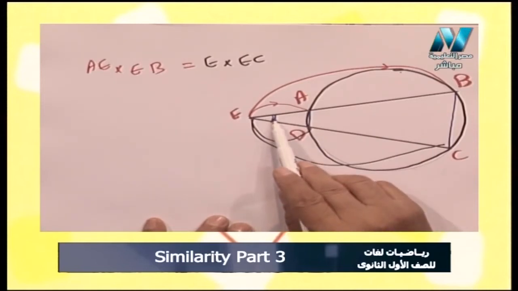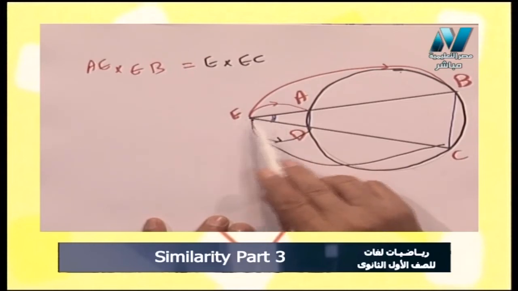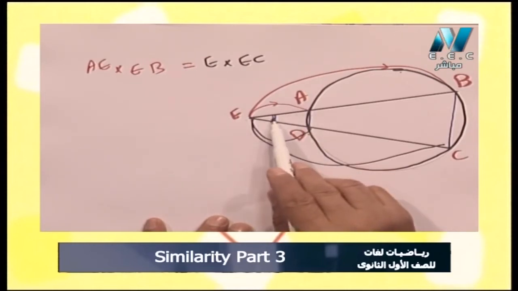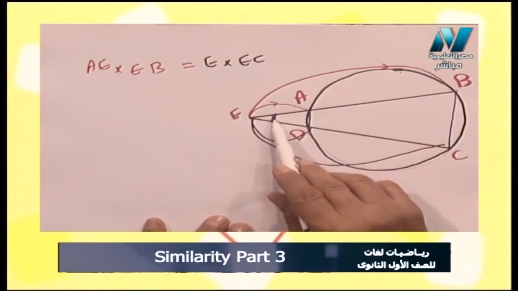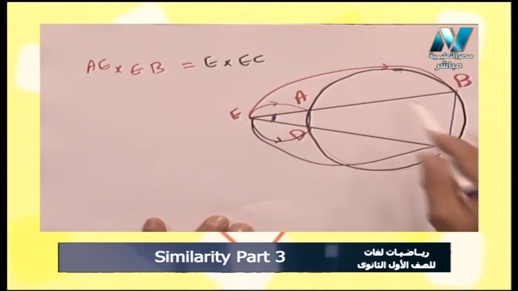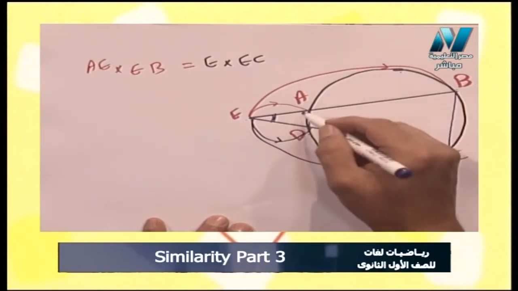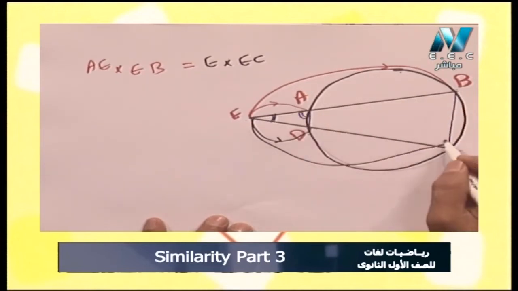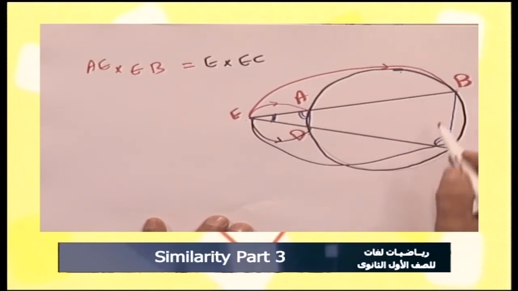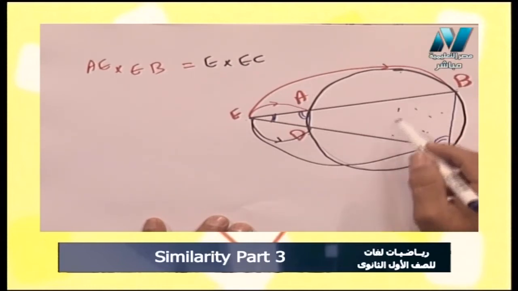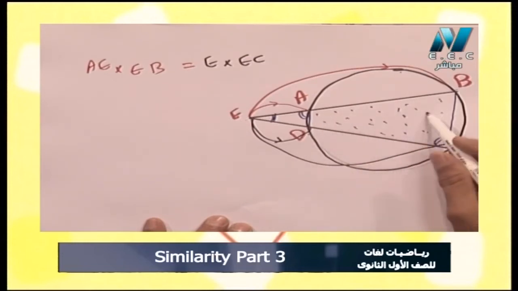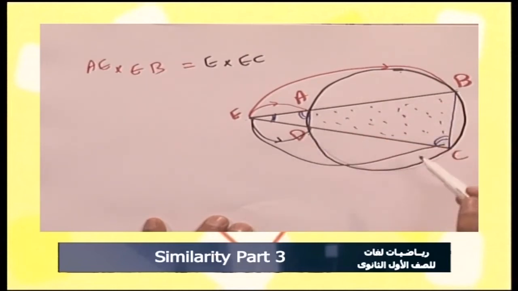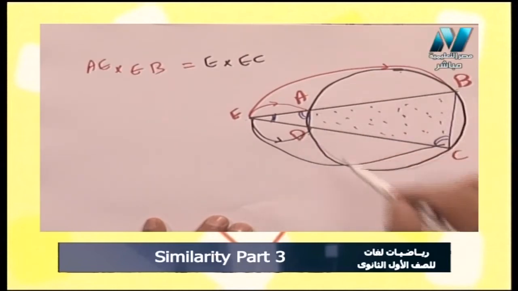It's an angle here for the triangle EAD, and it is the same angle for the triangle BEC. And we know that this is a circle, and this angle equals this angle also. Why? Because this is a cyclic quad. From previous study, we have here a circle passing through B, C, D, and A. So ABCD is a cyclic quad.